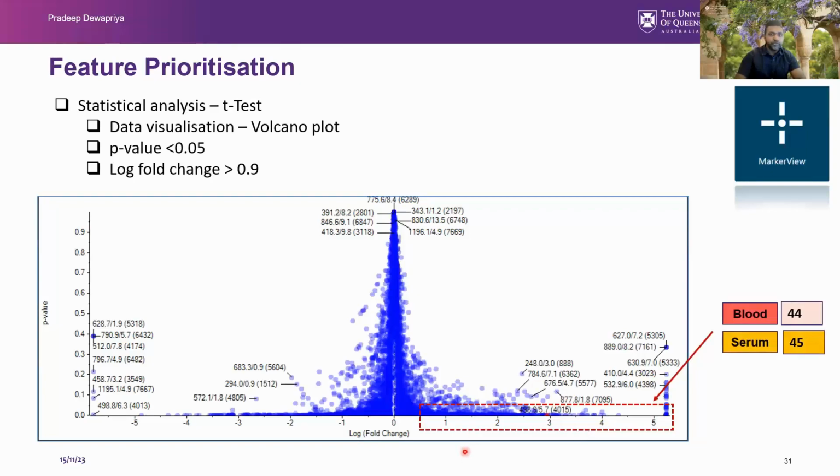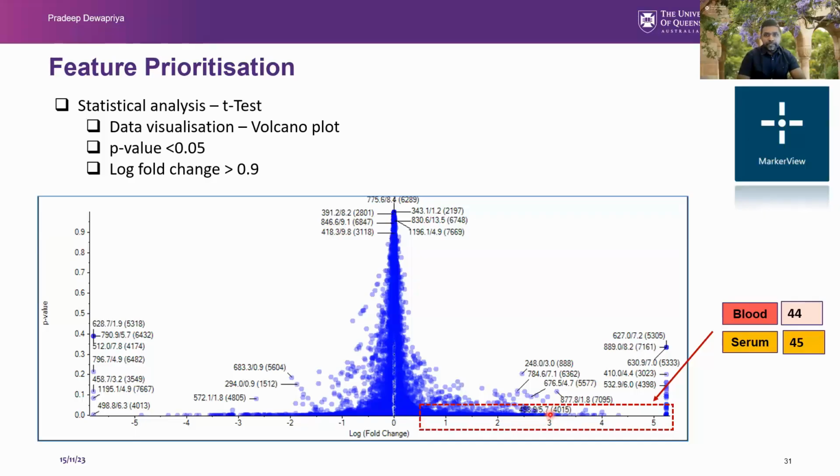Here I'm showing you a volcano plot to show you the t-test results. As I mentioned, we selected this region of the volcano plot, and this was the best feature reduction strategy we found, and that gives us a list of features that we can work on.